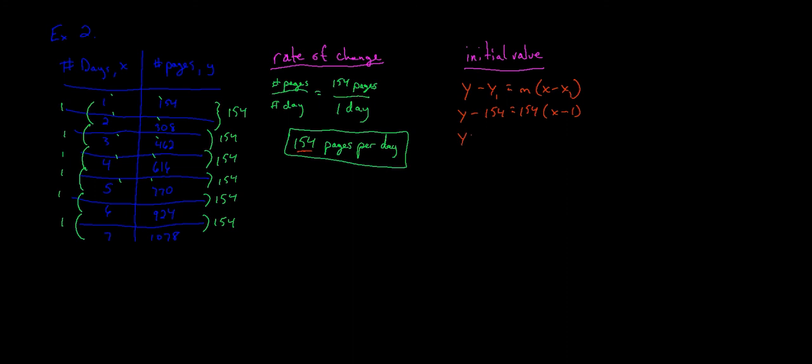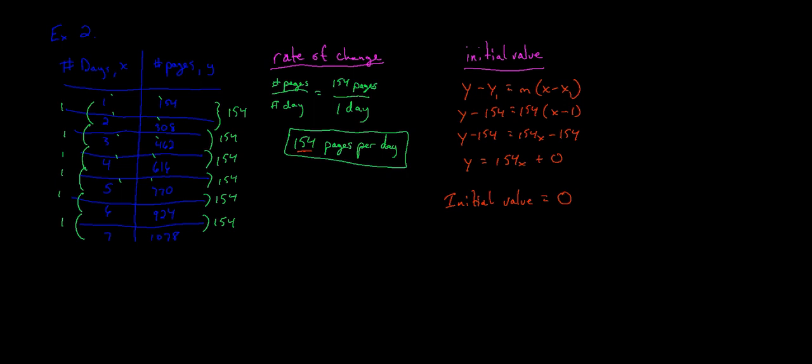So y minus 154, distribute the 154, and we get 154x minus 154. We add 154 to both sides, and we get y equals 154x. So there's our equation, and we can make it plus 0, so that means our initial value equals 0.